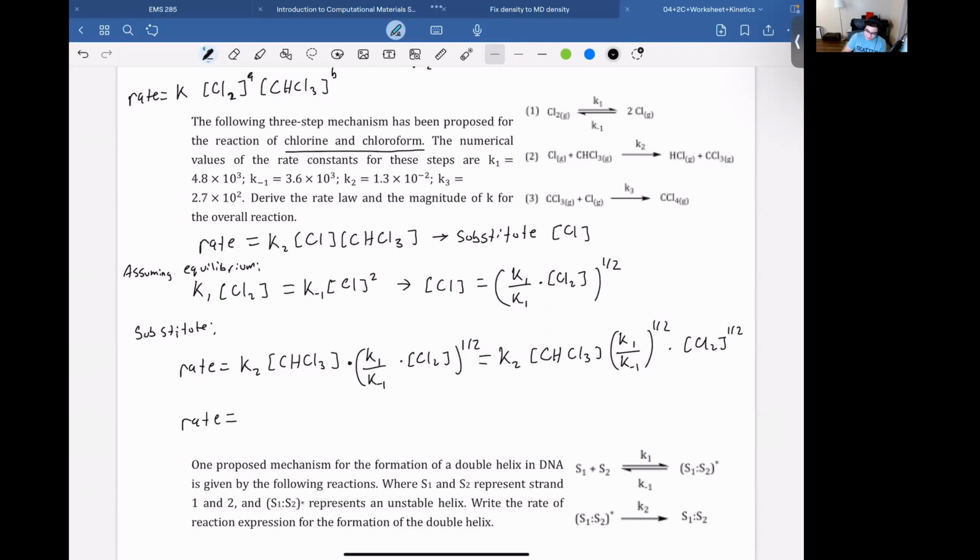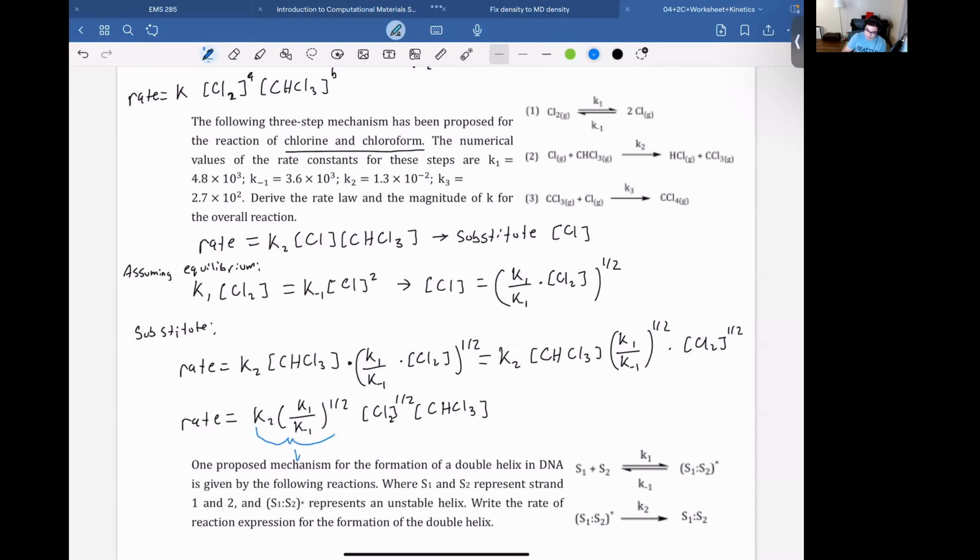Then you can clump the K's together, just like we did before. This is K, right?